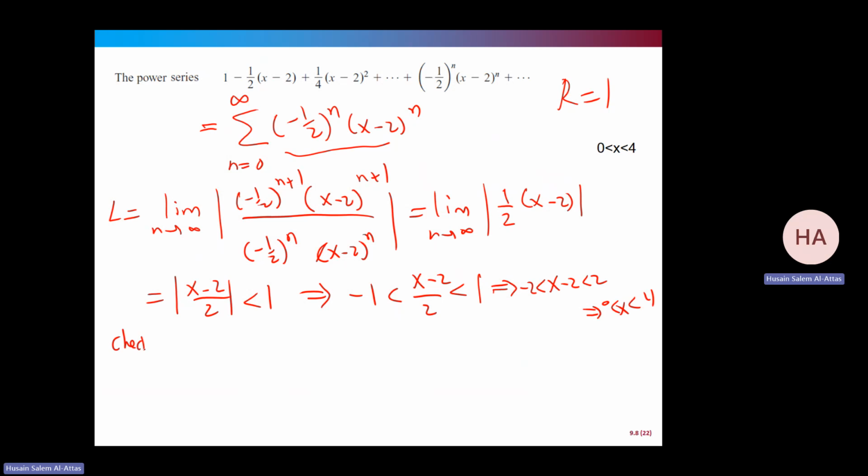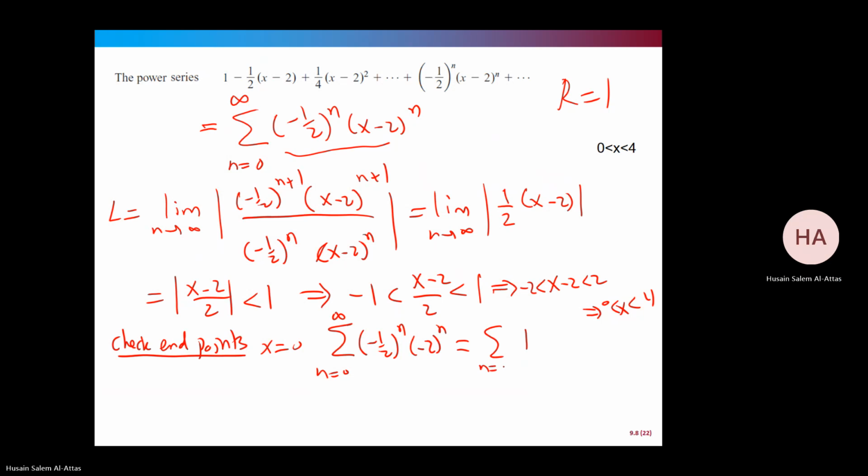Check endpoints. x equals 0. You have what? Summation n equals 0 to infinity of minus half to the power n, minus 2 to the power n, which is 1. Diverges, we know it, by the nth term test of divergence. x equals 4.